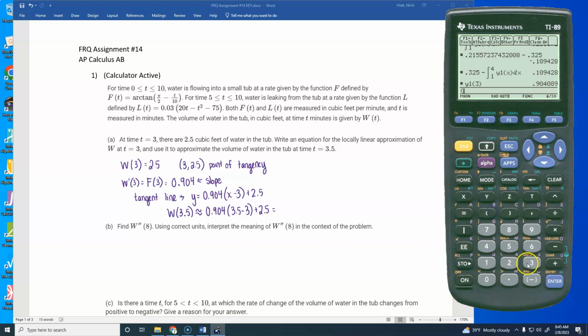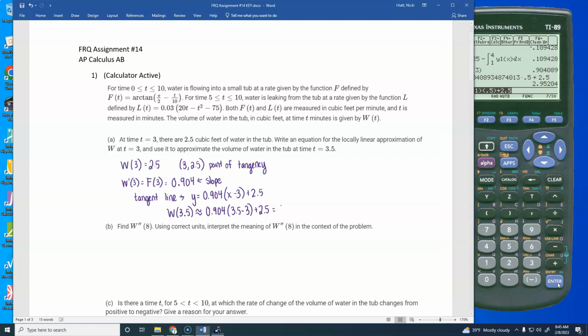So we're multiplying it by 0.5 plus 2.5. And I'm getting 2.952 as my approximation. So that would be my answer here.